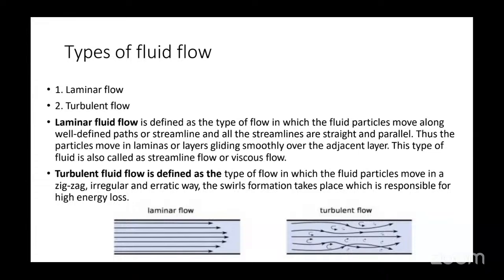It's not like laminar flow that is steady or well-defined. Here it is irregular, it is zigzag, it is erratic. So these are two basic types of fluid flow at this level.